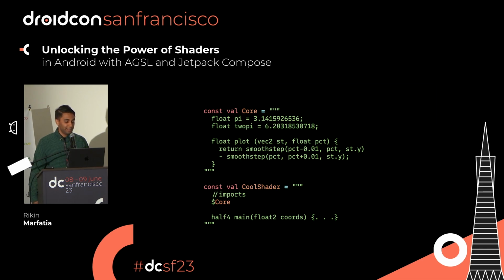If we want to be a little bit smart about how we construct our shaders, let's say, for example, I want to have some utilities for AGSL in a separate chunk, then I can write out all of those pieces as separate raw strings, and then I can just use Kotlin string interpolation and pull those in as pseudo imports for my shader. These are the kind of techniques that I've been leveraging as things have been getting more complex.